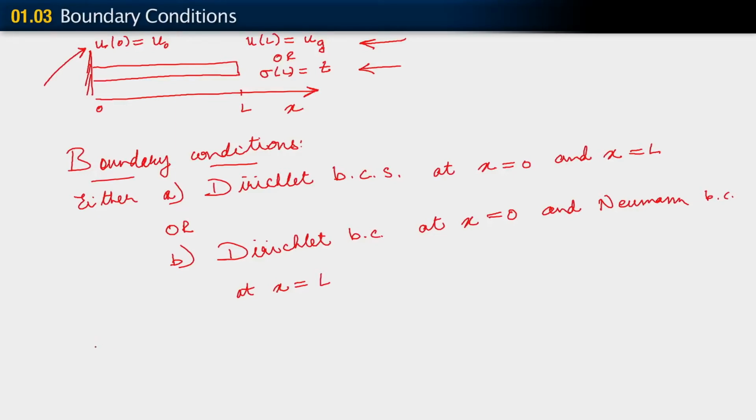So we do not consider Neumann boundary conditions at x equals 0 and x equals L. There is a very good reason for this.